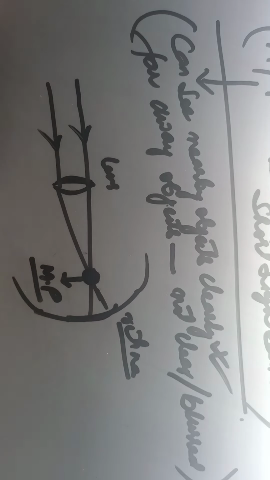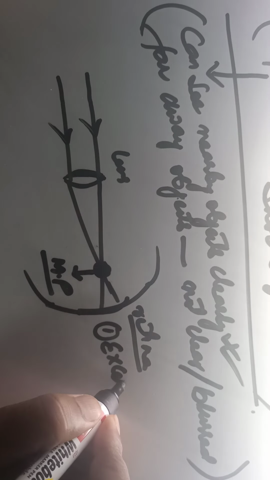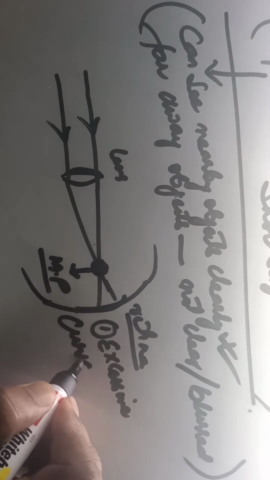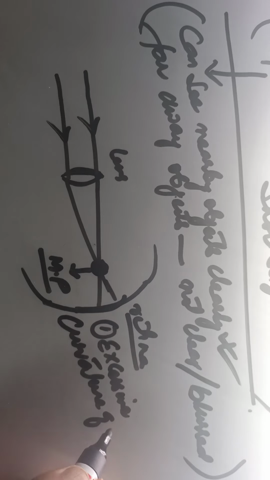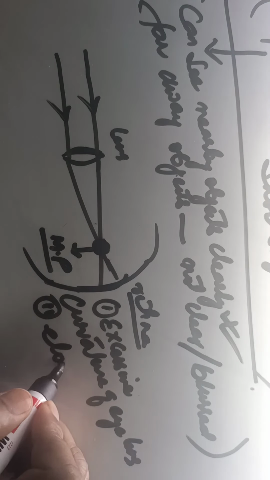So why does myopia take place? Number one, excessive curvature of the eye lens. That means the eye lens is curved too much. And number two is elongation of the eyeball.